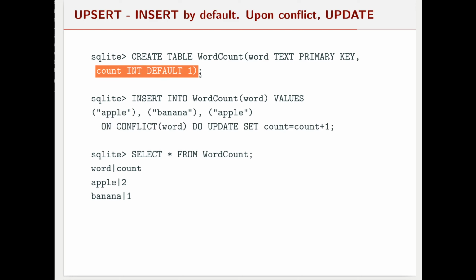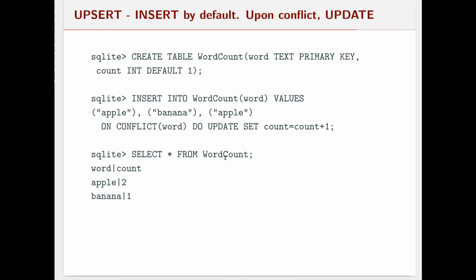However, this part would get activated, so apple would have a count of 1. The same would happen when we insert banana. However, when we insert the third row, apple, there would be a conflict as far as the column word is concerned, so this part would fire off. The count would be set to the existing count of 1 because the default is 1, and then you add 1 more, and so the count becomes 2.